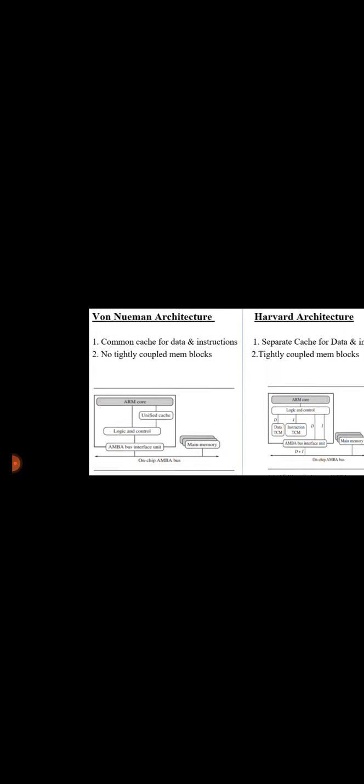So that is the analysis of the differences between von Neumann and Harvard architecture. Students, please practice these diagrams. It is a definite question in the examination for a short note: write differences between von Neumann architecture and Harvard architecture, or they can also ask a question about core extension. Okay, so the next point.